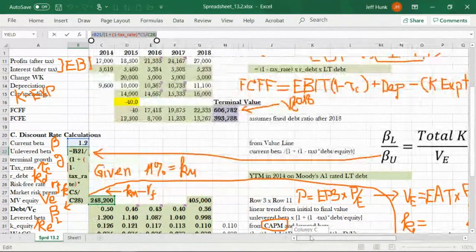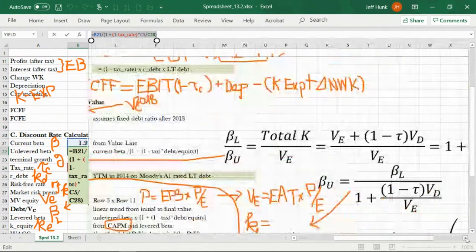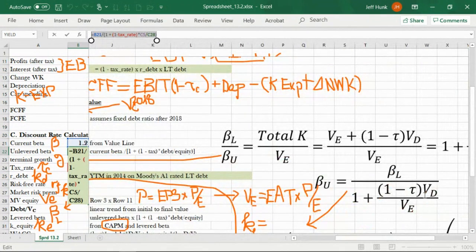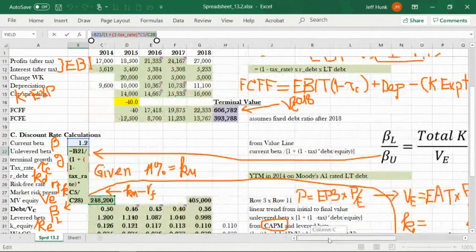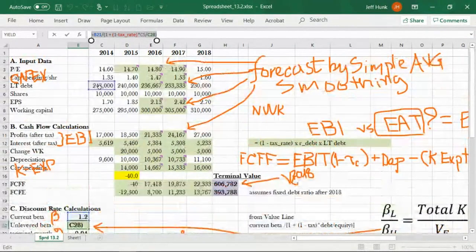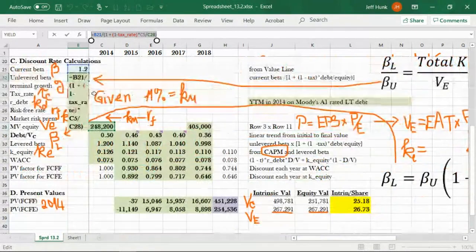Current levered beta over 1 plus (1 minus tax rate) times C5 over C28. C5 is obviously value of debt, and C28 is the market value of equity. Long-term debt, so it's exactly how that formula came about.